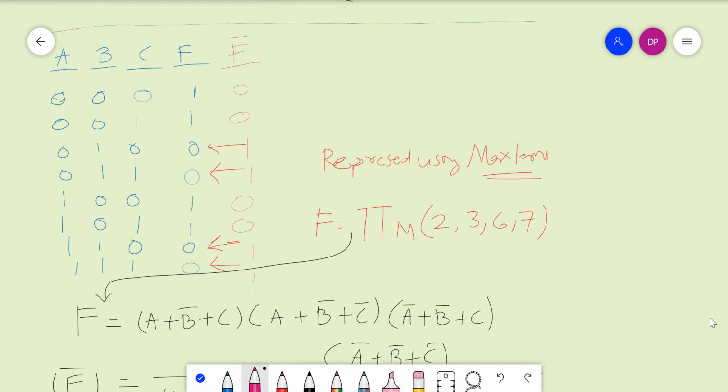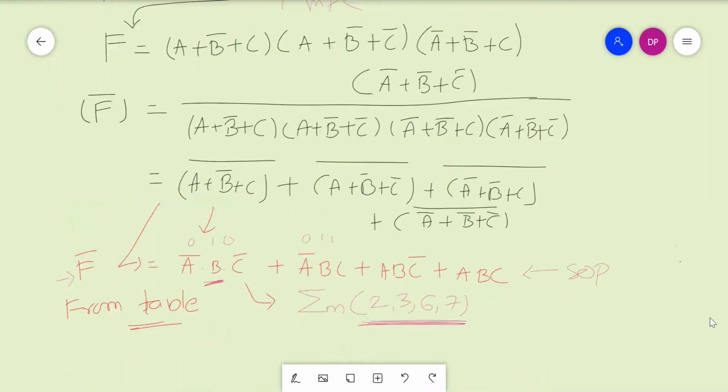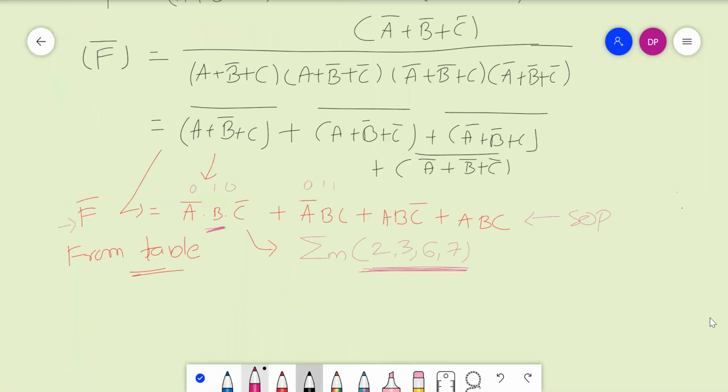Small m0, m1, m2, m3, m4, m5, m6, m7. So 2, 3, 6 and 7. We got it right.